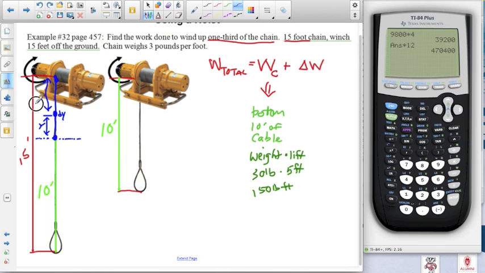So our distance function is 5 minus y. And so if we look at the variable portion of work, and I'll write down here, the variable portion of the work is the incremental weight times the distance function.